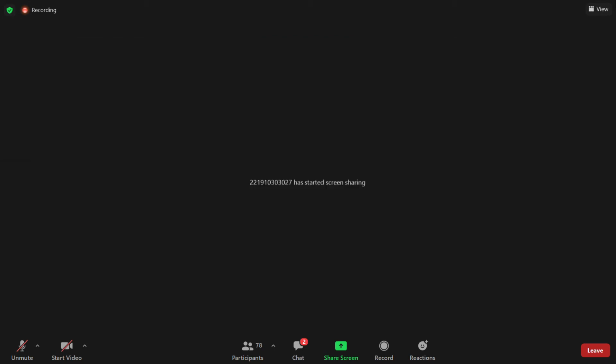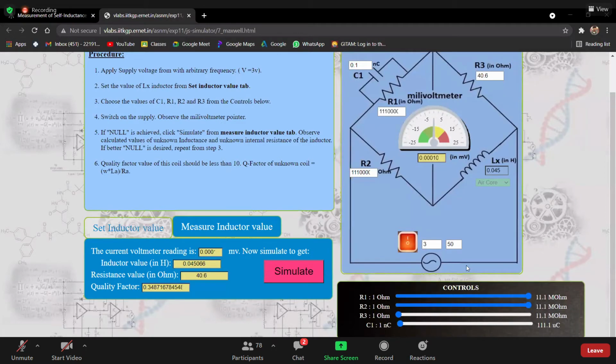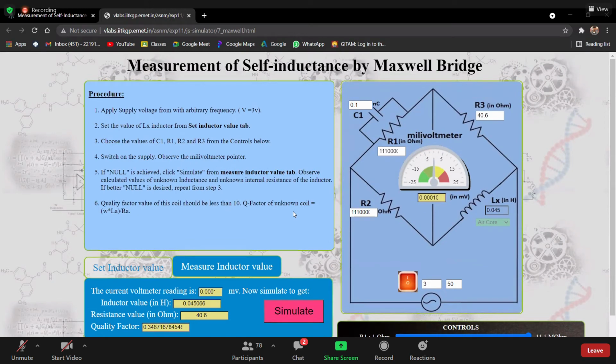Can you see, sir? Yes, explain the experiment. Sir, here I got the value of 0.045. Very good, Babu. Exact value you got. And what is the value of R when you replaced it by 40.6? Instead of 0.0004, you got 0.0001.